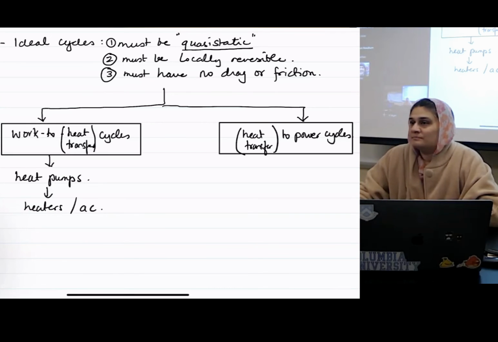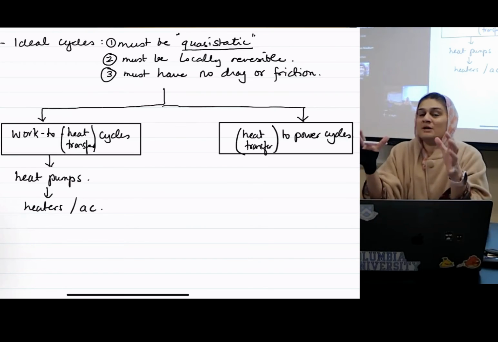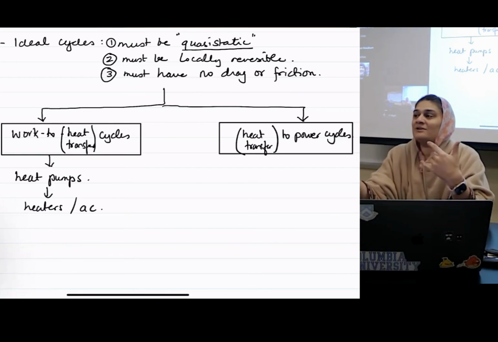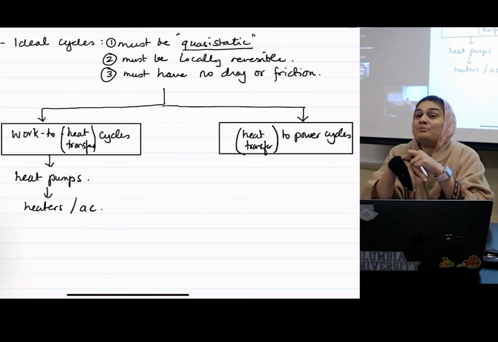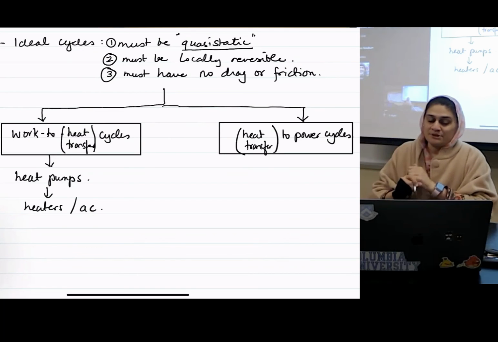This room, outside is cold. What do you want this room to be? Warm. So what do you have to do? Naturally, if this room was hot, where would the heat want to go? Outside. But from outside, you have a heater that injects more heat into the system. So that means you have to provide work for it. Got it?